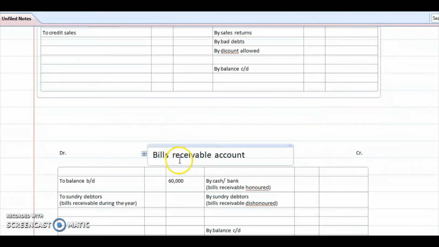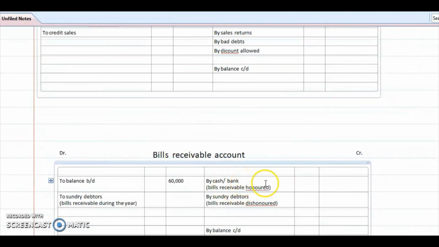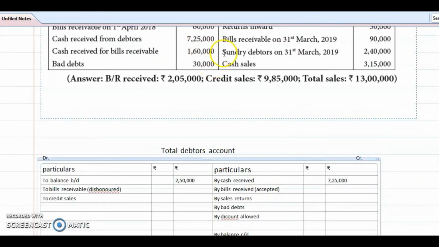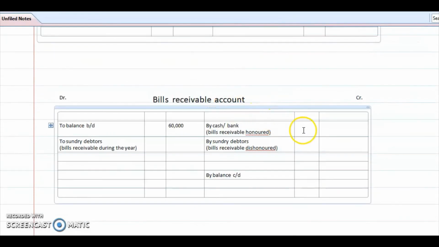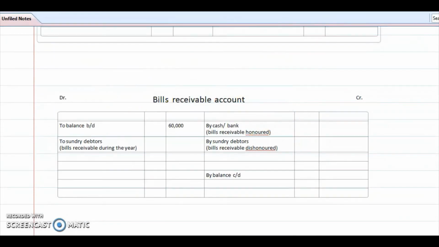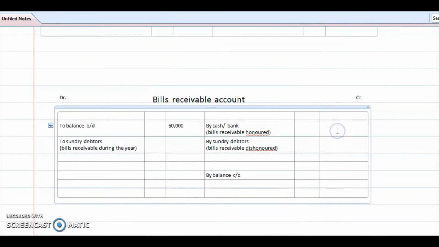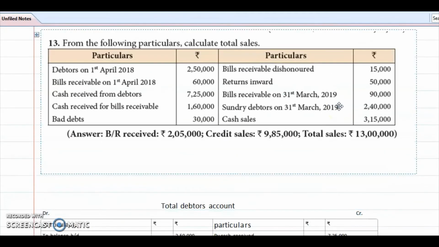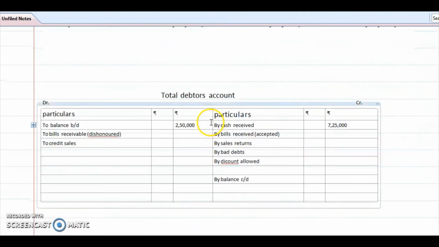Next, cash received for bills receivable, 1,60,000. Next, bad debts 30,000.